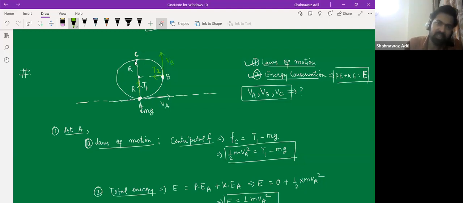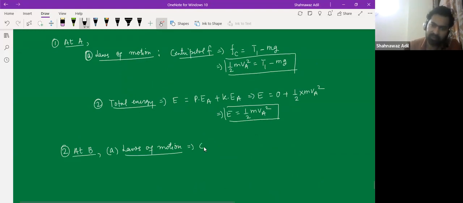This is again moving in a circle, so I will have the centripetal force. And I don't have any horizontal force, only this tension and this FC. So my centripetal force would be simply T2. So how much is this? Half mvb square over r, and this is T2.